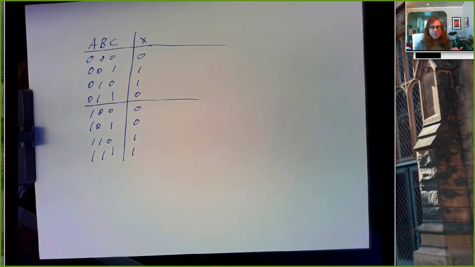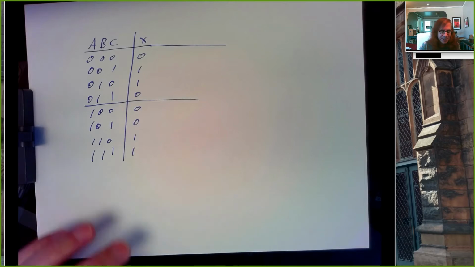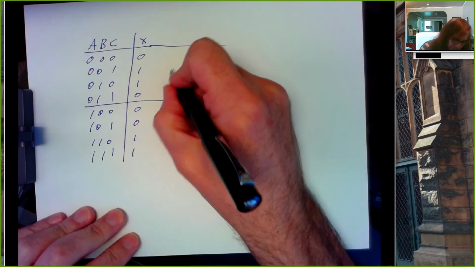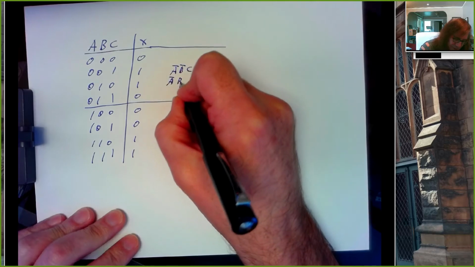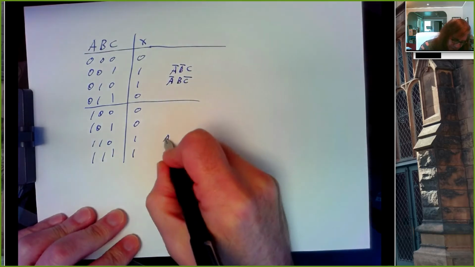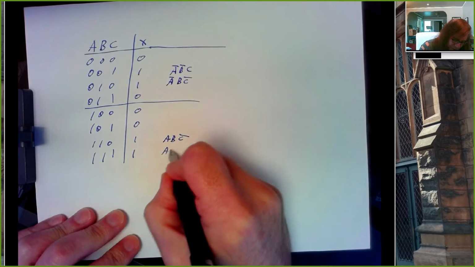Suppose this is our truth table, and we can write down the sum of products expression. So this is A bar, B bar, C, and this is A bar, B, C bar, and this is A, B, C bar, and this is A, B, C.